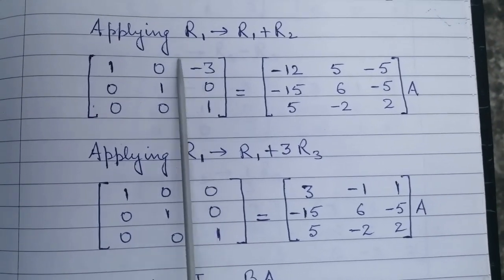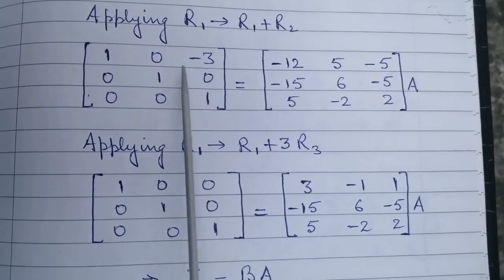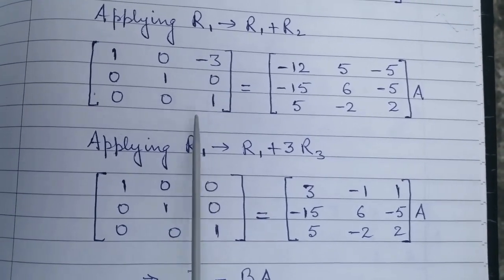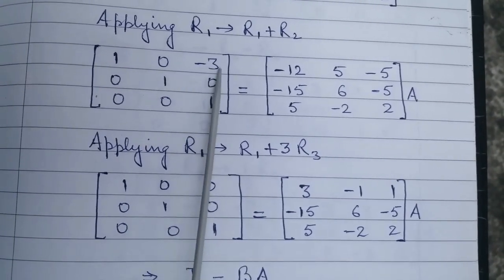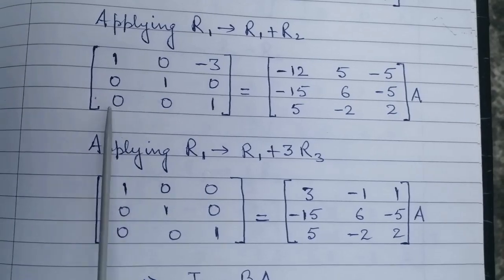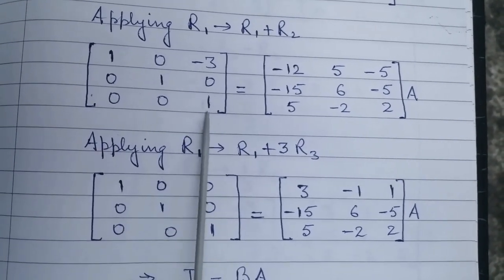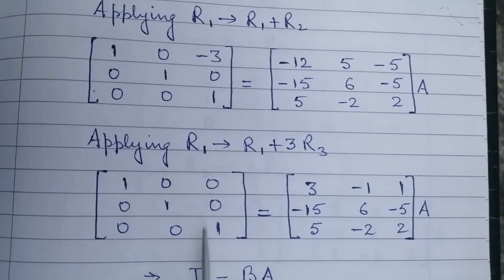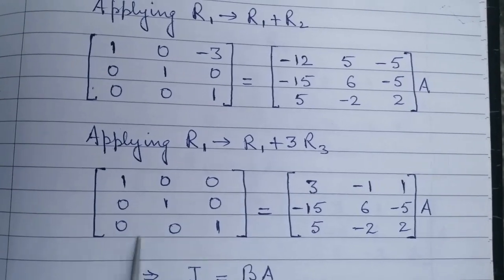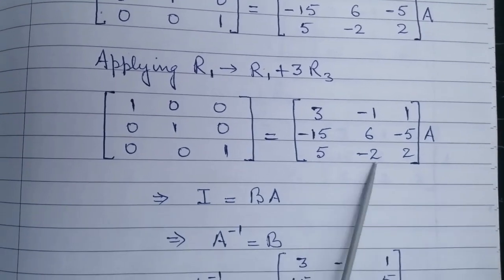Now here what do you need? 0 again, because we have 7 8 9, right? So minus 3 plus 3 will give you 0. So on R1 I can apply R1 plus 3R3, right? So on applying that, we get 1 0 0, 0 1 0 and 0 0 1, and on this side we have applied the operation, so I get this matrix.